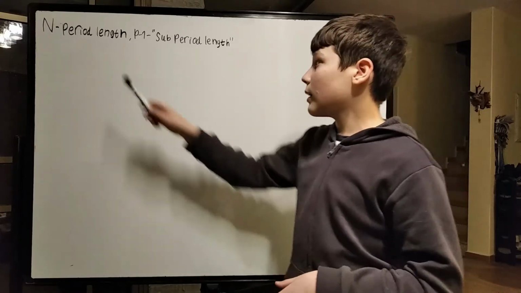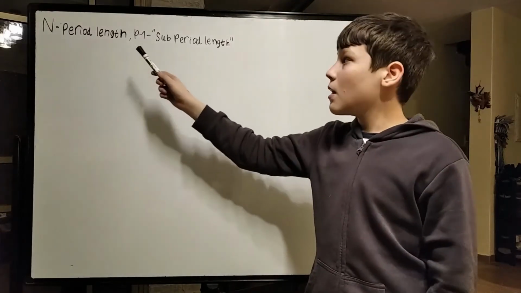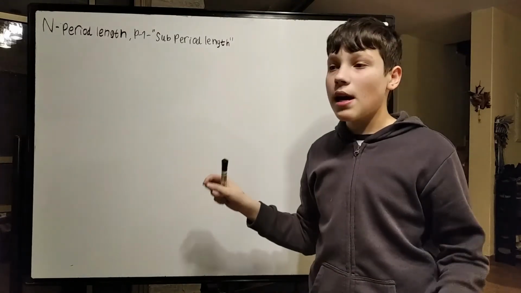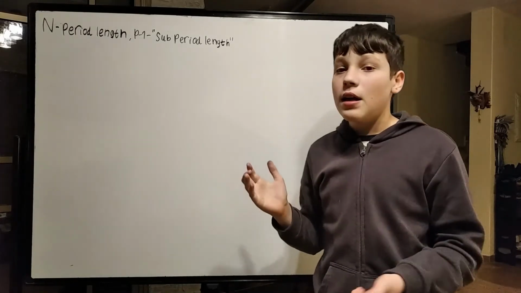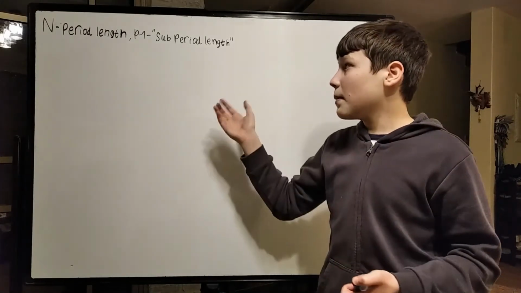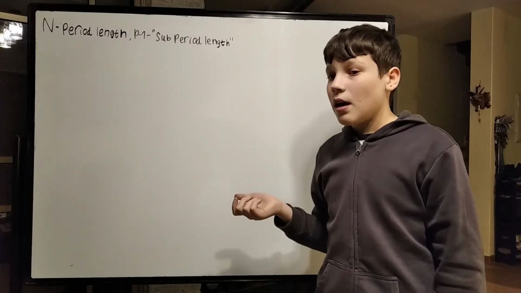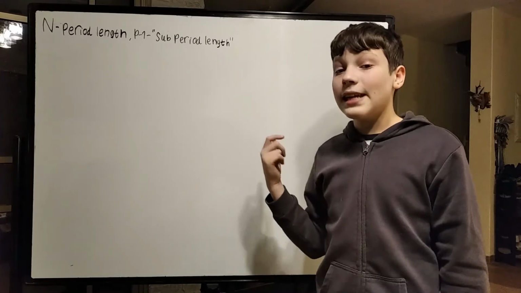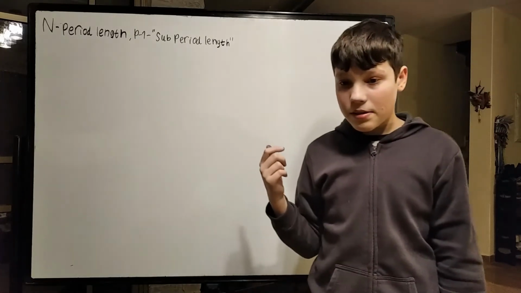So we will mark N as the period length, and then P minus 1 as kind of a sub-period length. And by that I mean that P minus 1 is not the smallest amount of digits that repeat, but it is an amount of digits that do repeat.